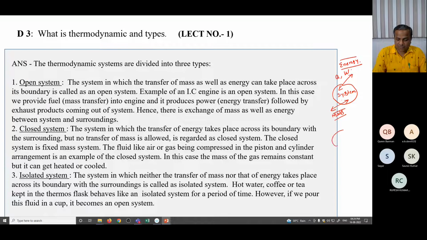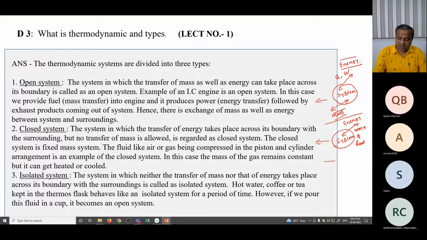But when you say closed system, we arrest the mass transfer. Only energy can change the state of the system, that means either work or heat. This is referred to as a closed system. And the third one is an isolated system.